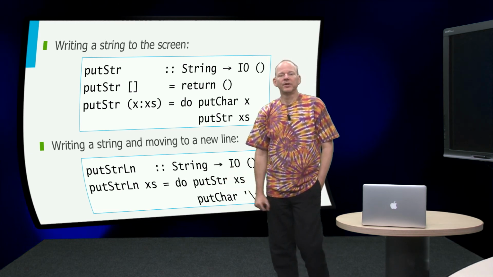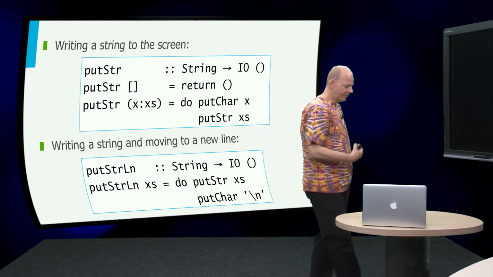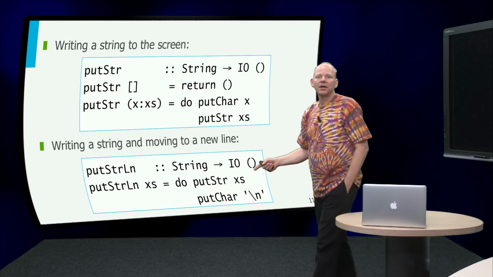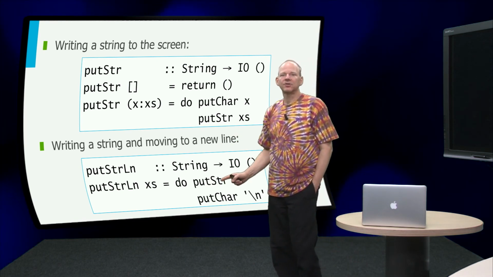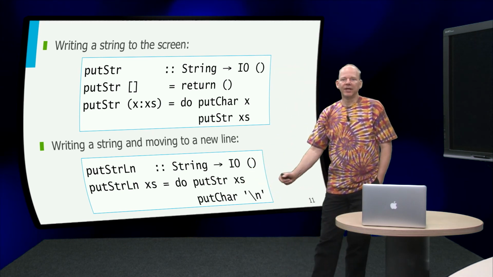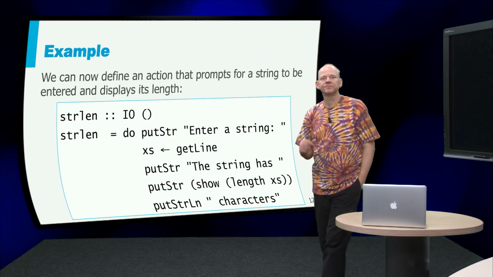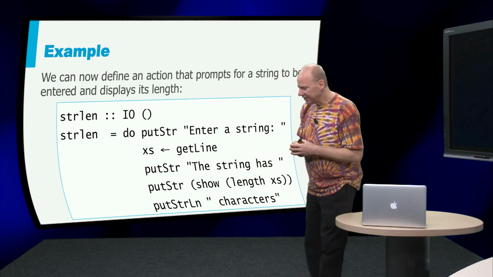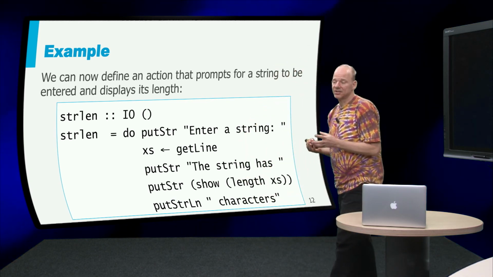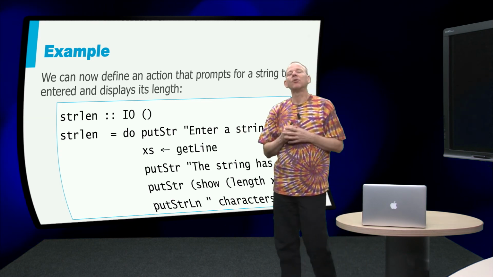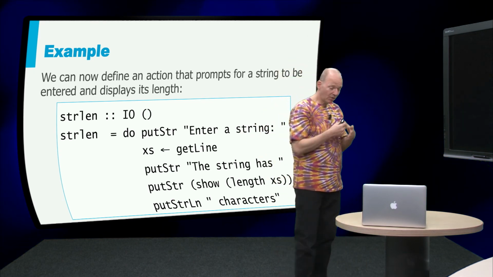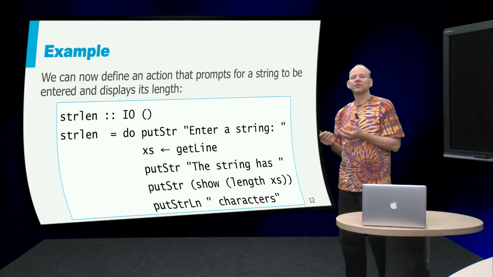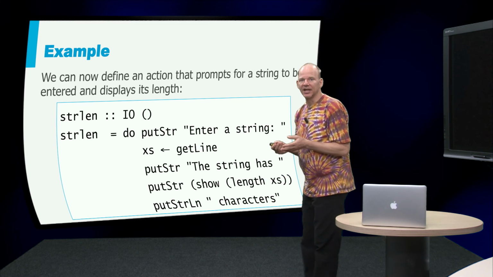Now we can define another function that simply combines putStr with putChar to write a newline behind it. So we first print the string, and then we print a newline. The beauty of all this is that we can mix and match imperative code or IO code with all the functions that we have defined before, in particular functions over lists, because strings are just lists.